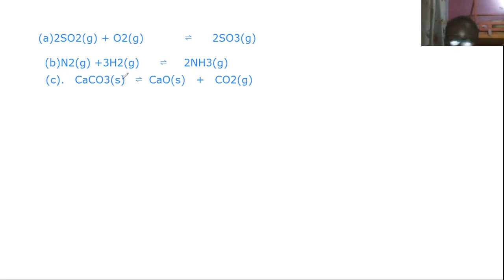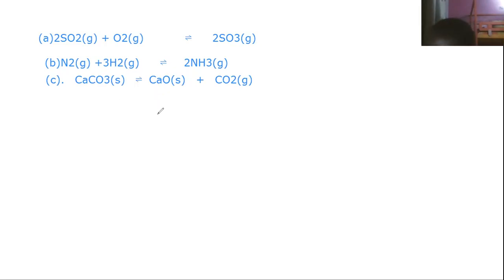Now, let's look at this reaction. How do we get the reaction order? Remember, we said it is defined as equal to the sum of the powers to which the concentration of reactants is raised. We'll be concerning ourselves only with the concentration of reactant.